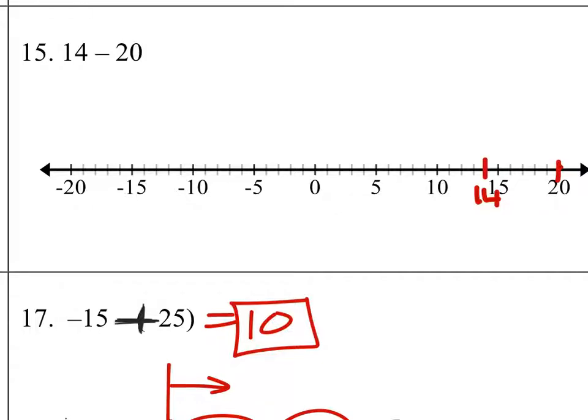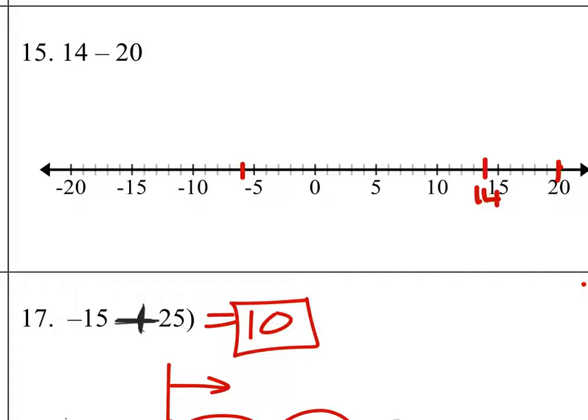So then you just do 14 minus 20, and so you're going to go back 20. What I do is I just skip count. So I'll go 3, 6, 9, 12, 15, 18, 19, 20. So I end right here.